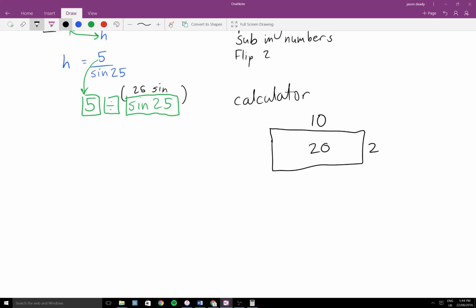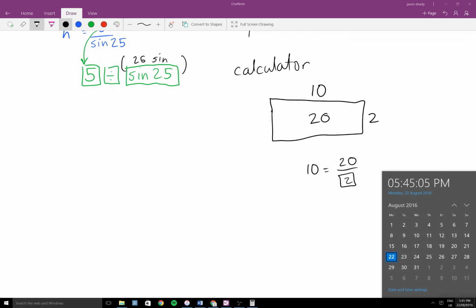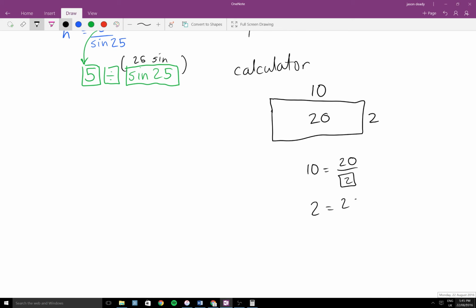Okay, now you may be confused about what this has to do with triangles, but bear with me. Okay, I can write 10 equals 20 over something, and I know that will be 2. Okay, I can also write 2 equals 20 over something, and I know that'll be 10.